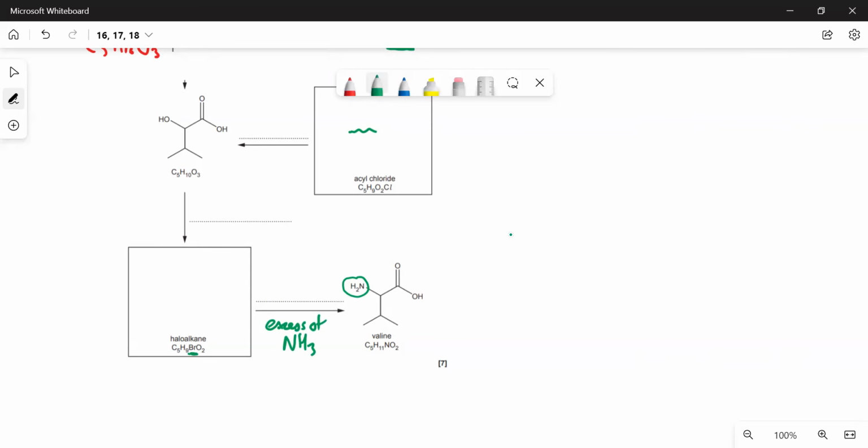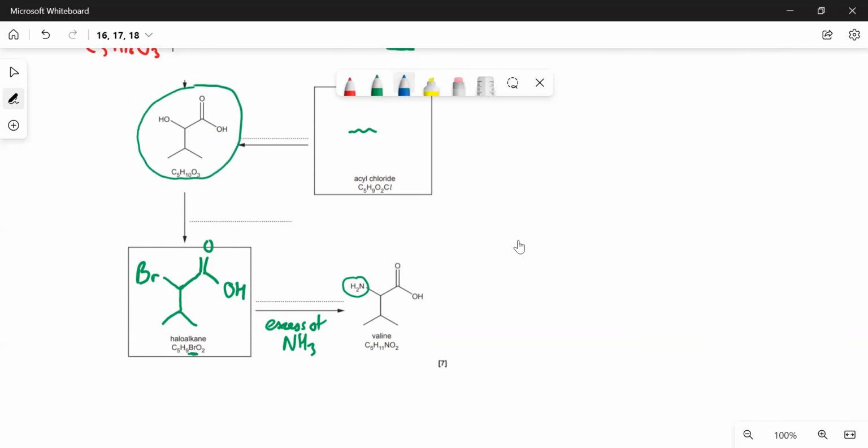Right, so let's draw the haloalkane. What's that going to look like? Well, it's going to look the same as that, except it's going to have a bromine where that amine group is. Got bromine there. Carboxylic acid. Okay. How do we turn this thing into the haloalkane?